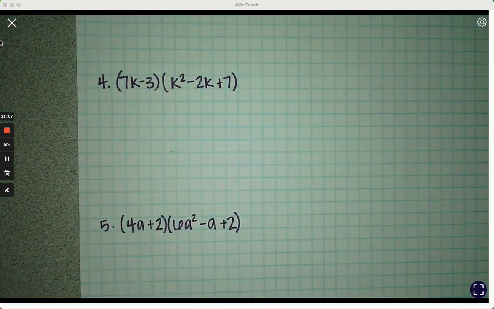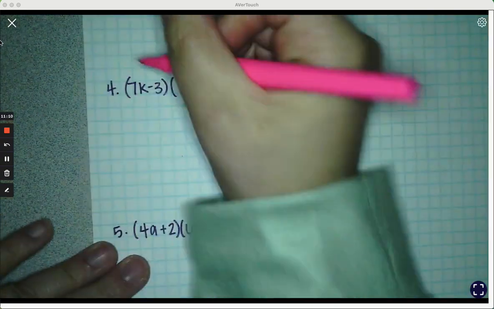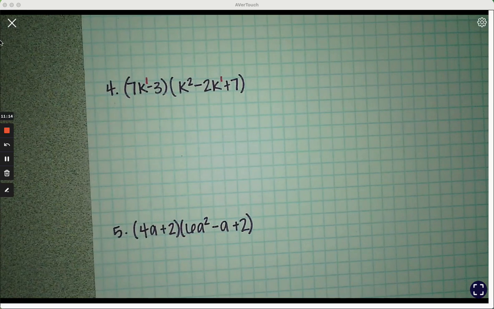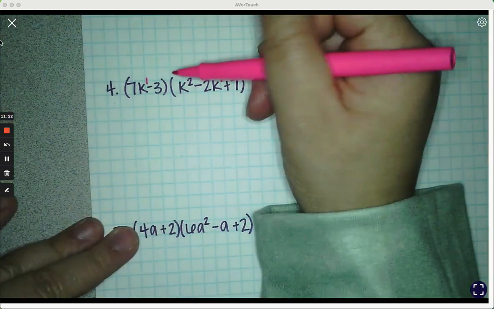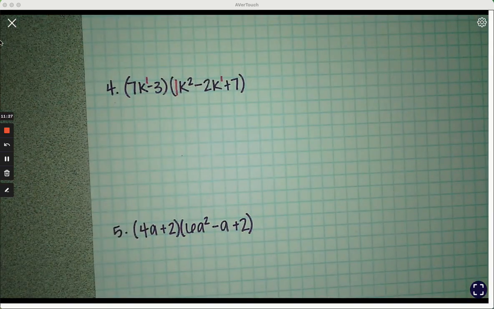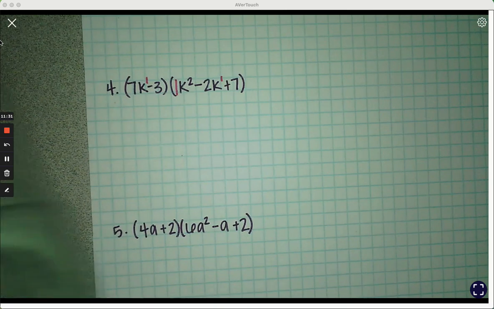So the first thing I'm going to do is put my exponents where they should be because I noticed that they're actually not listed. And I'm going to put a coefficient here, understood 1, that's going to make our lives a little bit easier.